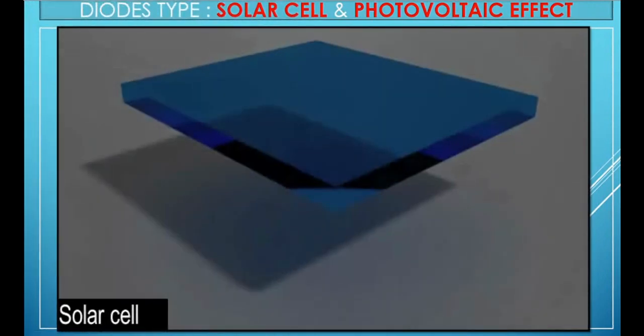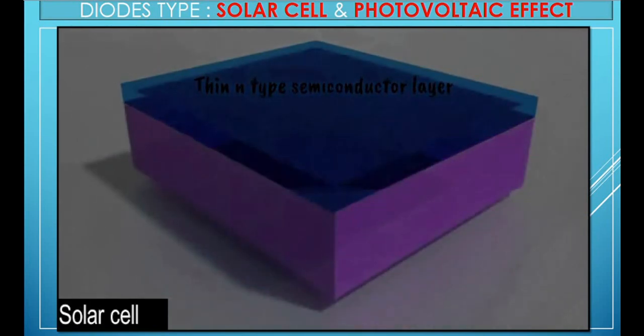Next topic is the solar cell, and the solar cell works on the principle of the photovoltaic effect. A solar cell has two types of semiconductors, N-type and P-type. The upper layer is N-type semiconductor, which is thin compared to the lower layer, which is P-type semiconductor.